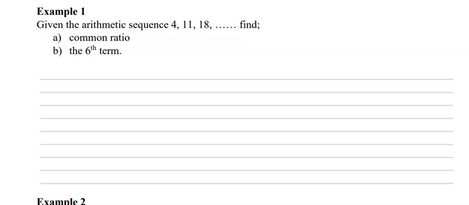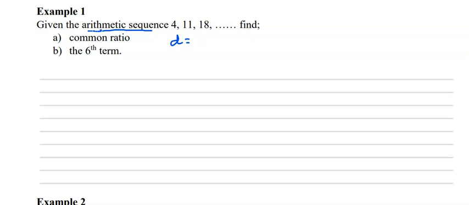Given the arithmetic sequence 4, 11, 18, find A, the common ratio, then B, the 6th term. In some questions they will tell you that you have been given an arithmetic sequence. In other words, they are telling you that the question has a common difference. But in other questions, you are just told, given 4, 11, 18, find the common difference.